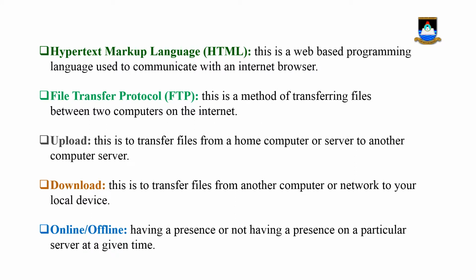Online or offline. This shows having a presence or not having a presence on a particular server at a given time. Online depicts that the server or that particular individual is presently available on that server, and offline shows not having a presence on a particular server at a given time.